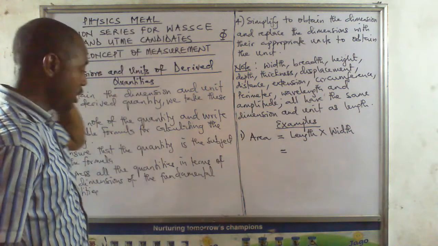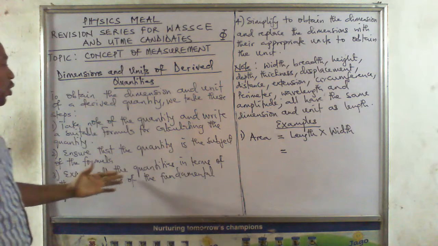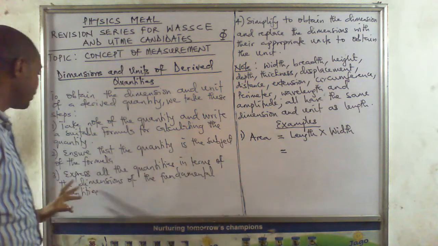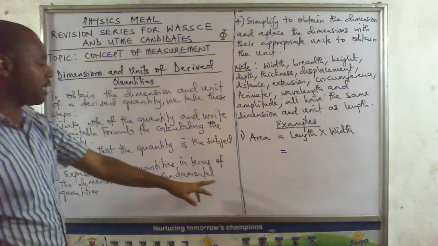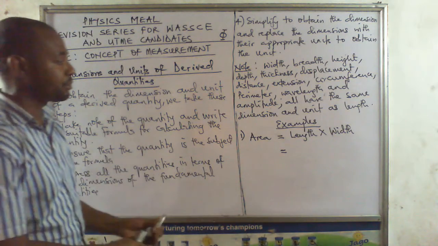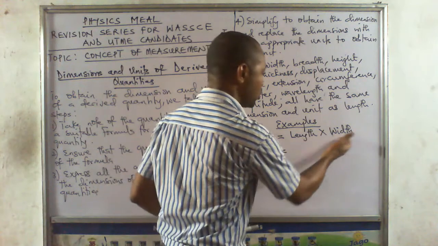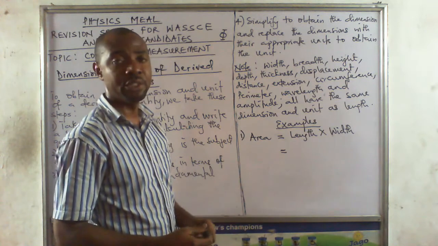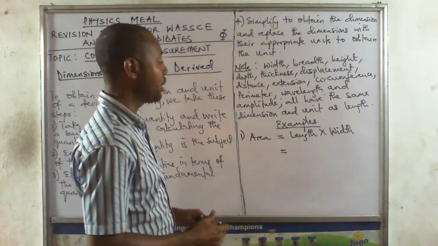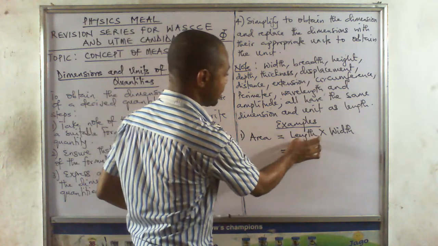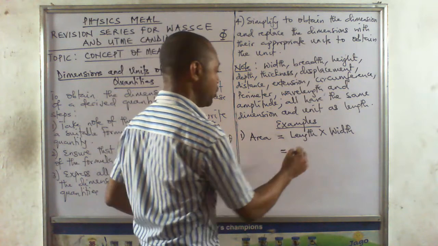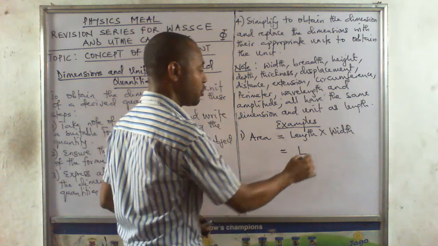So we are still following our steps. Now express all the quantities in terms of the dimensions of the fundamental quantity. So we're going to express these two quantities in terms of the dimensions of the fundamental quantity. Now, length. What's the dimension of length? We know it is L. It is a fundamental quantity.